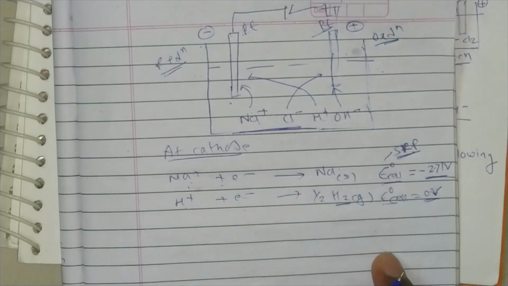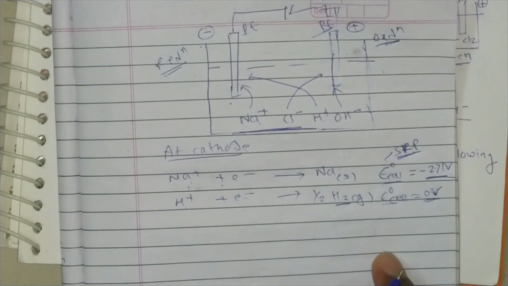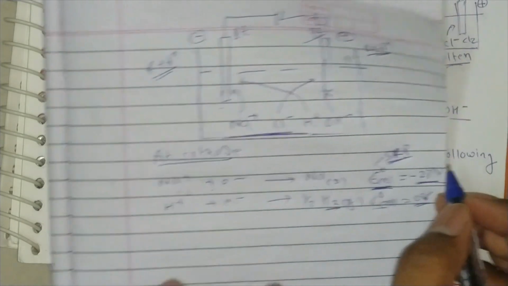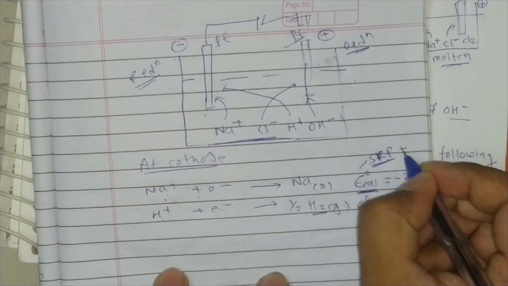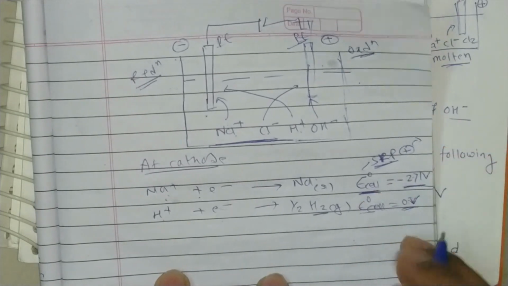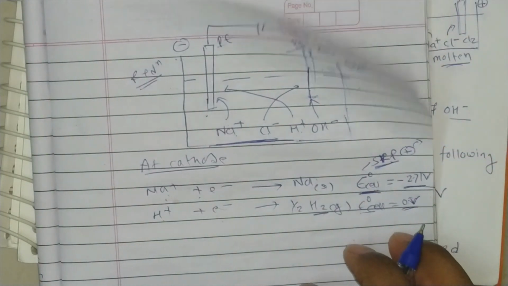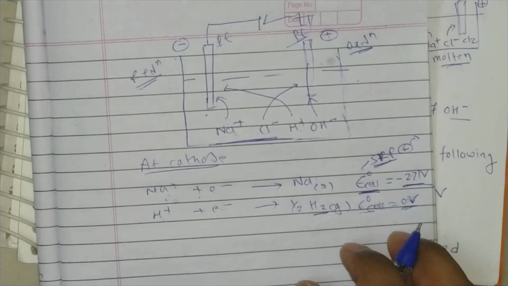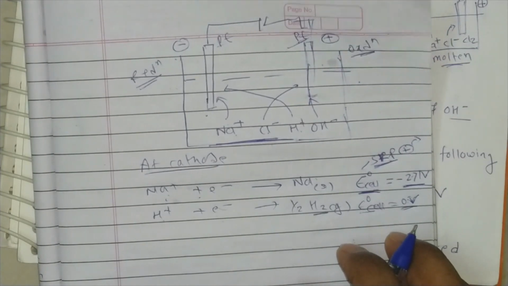Standard reduction potential means the cell whose standard reduction potential is positive has a tendency to undergo reduction. Suppose a half cell has a negative standard reduction potential, it means its tendency to undergo reduction is less.